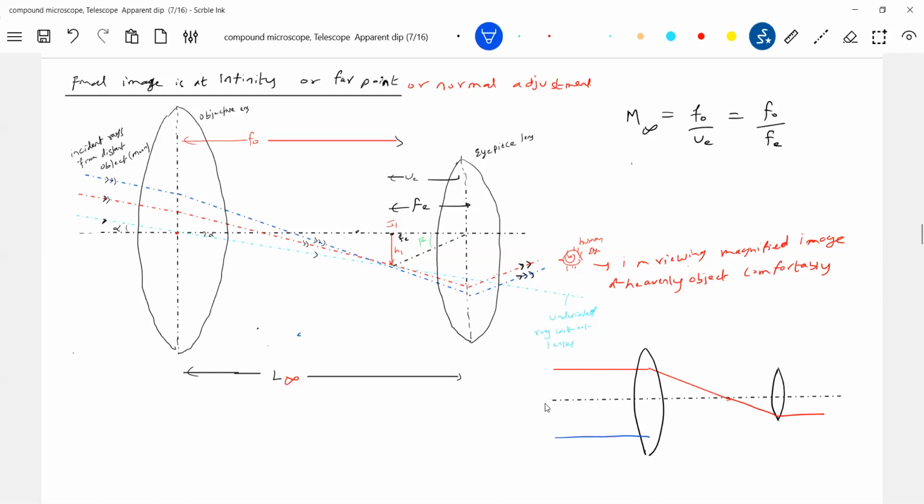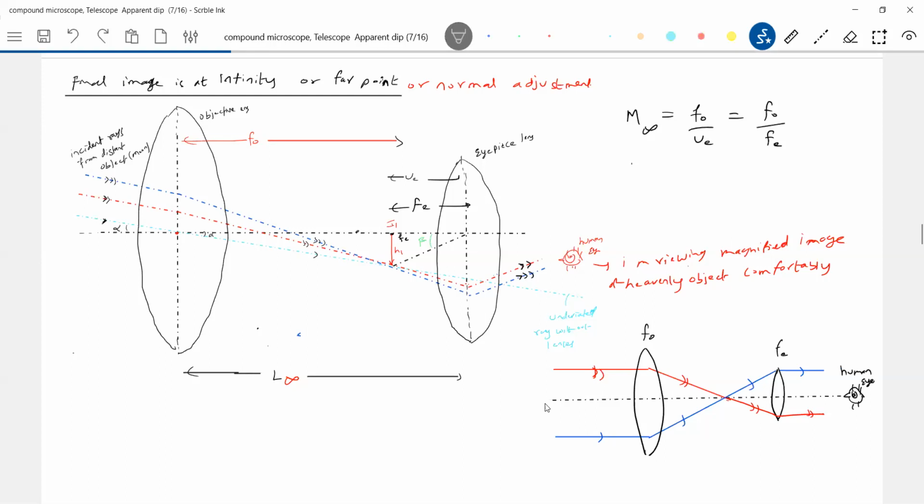Books give a diagram of this kind, so it's nothing wrong. Some students ask, sir, object at infinity, image at infinity, then what do we see? Object far away, we're unable to see. Image at infinity, we're unable to see. Then what will we see? We will see that distant object only.